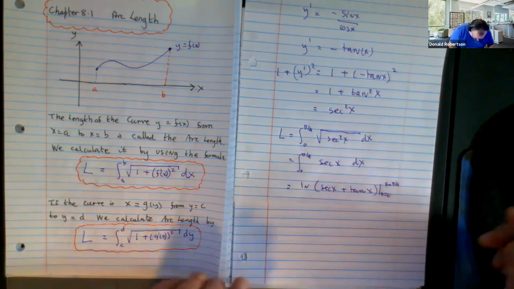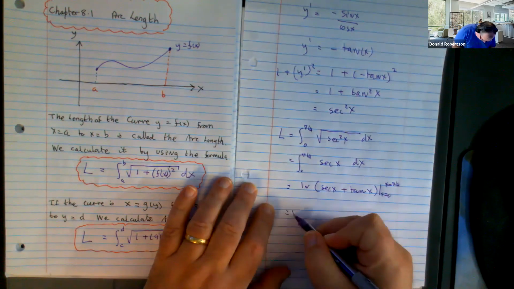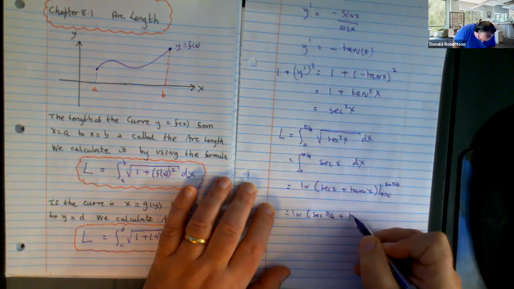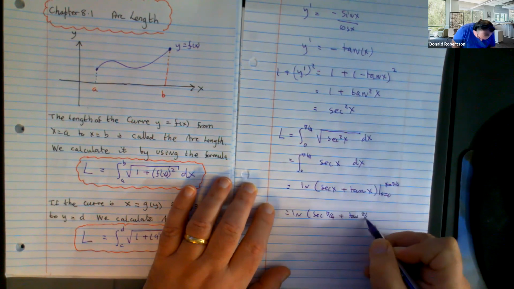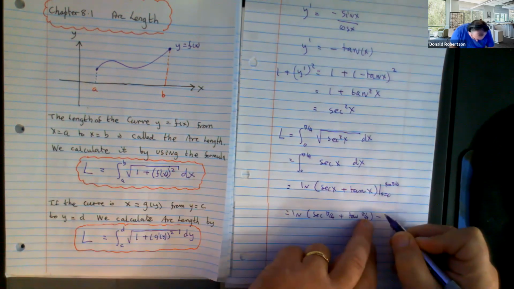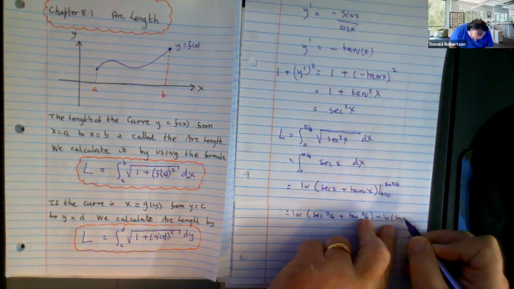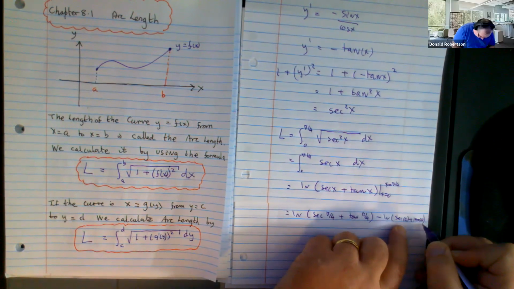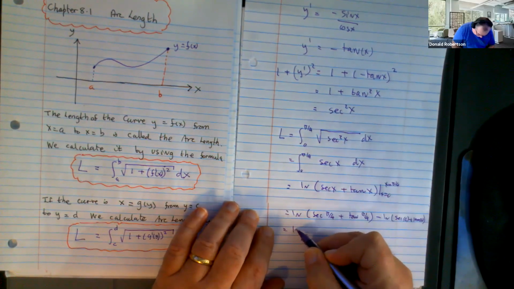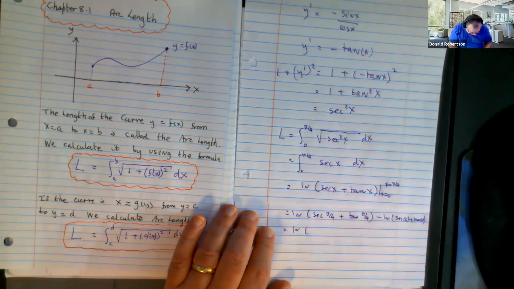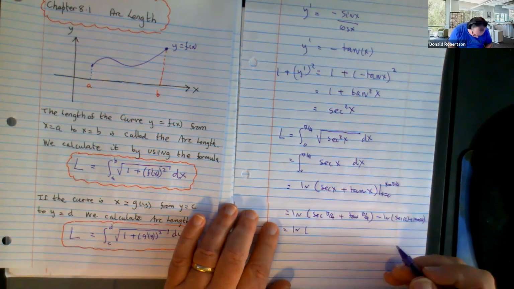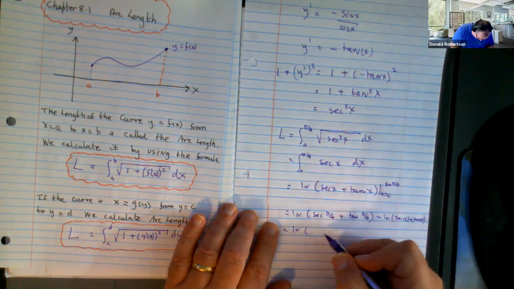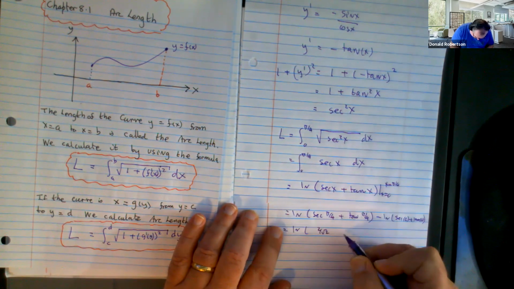But there we go. So anyway, it's going to be the natural log of secant pi upon 4 plus tangent pi upon 4, take away the natural log of secant of 0 plus tan of 0. The secant of pi upon 4 is the same thing as 1 over the cosine of pi upon 4, which is 1 over root 2 over 2, so it's 2 over root 2.